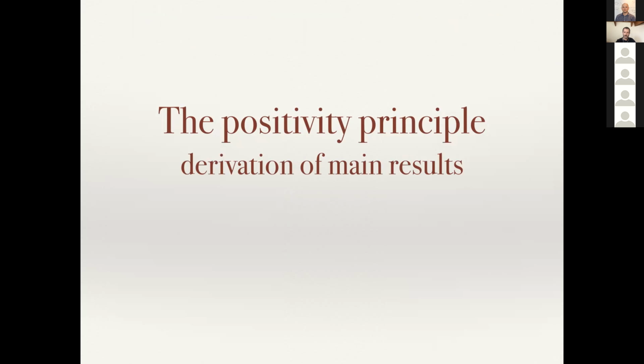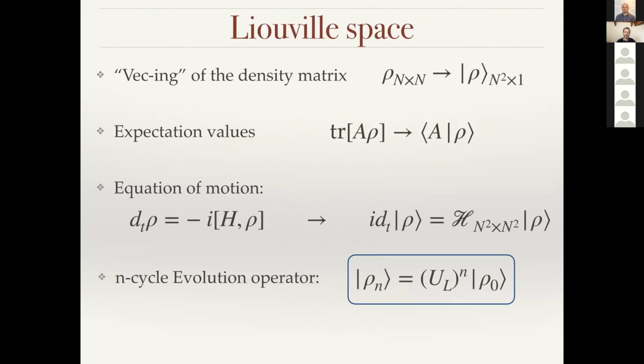So a few words, to give you a peek under the hood, on how we got this result. We used Liouville space, where one takes the density matrix and flattens it into one long vector.